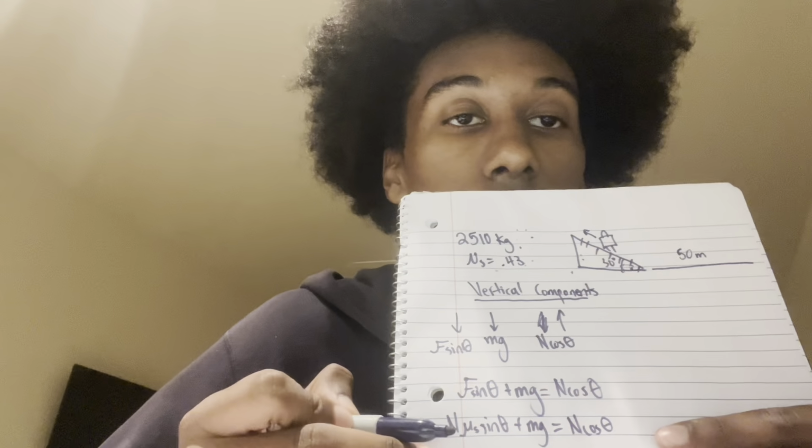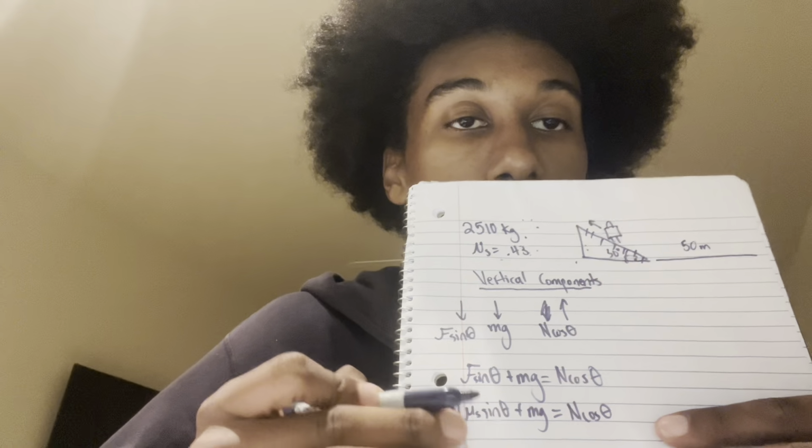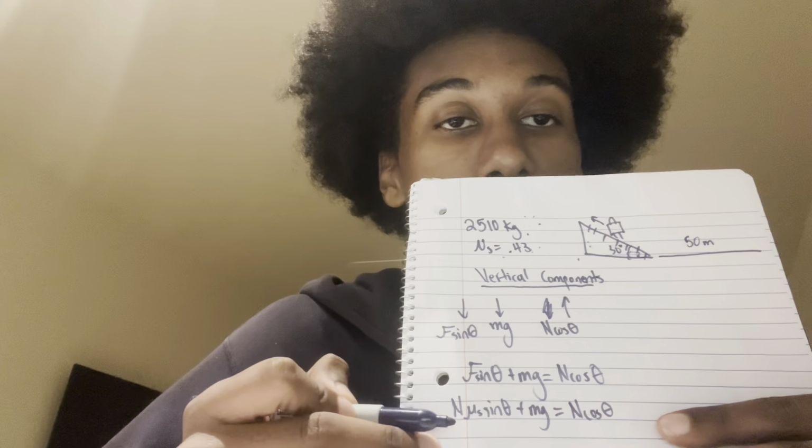The force of friction is normal force times the coefficient of static friction, multiplied by sine theta, added to mass times gravity, and that equals normal force times cosine theta. All we did was turn the force of friction into normal force and the coefficient of static friction.